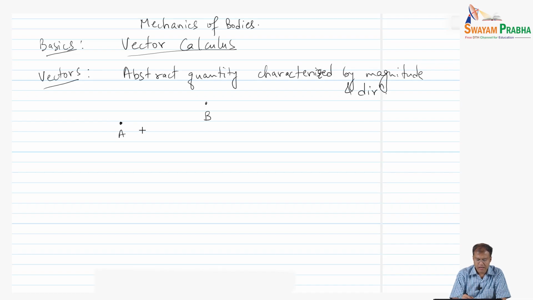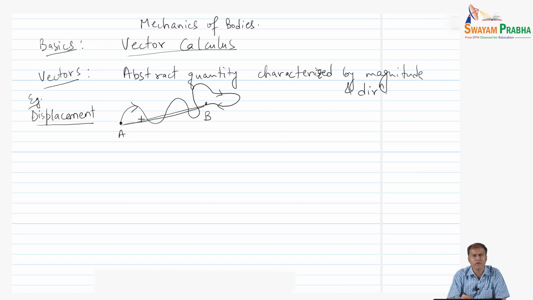Just to give a quick example, suppose we have a particle which moves between two points A and B, and maybe it is taking some path going from A to B, and we say that the particle has displaced from A to B, which is the straight line, the displacement. So we are talking about an example of a vector. One example is the displacement vector.